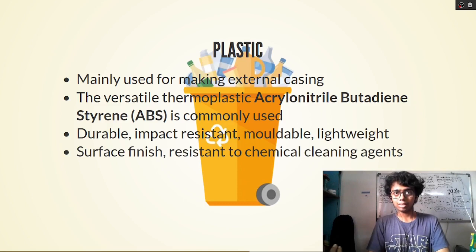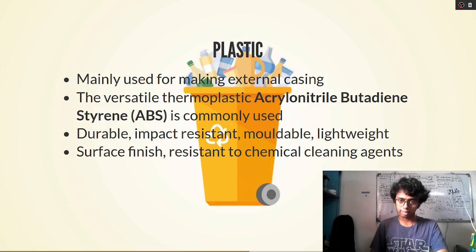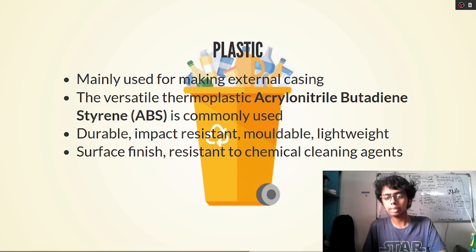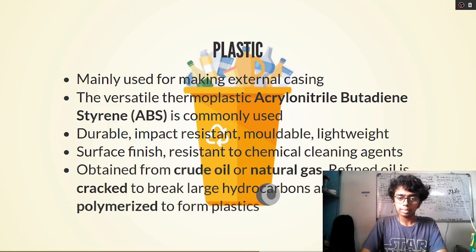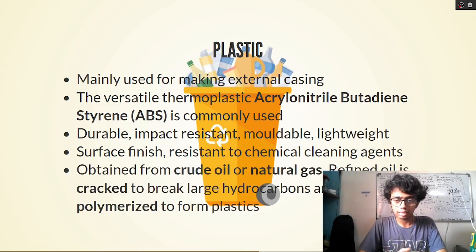For example, all the computer monitors you might have seen have a plastic finishing, so that's usually ABS, and it's also inert to chemical cleaning agents. So plastic, the ABS, is obtained from crude oil and natural gas. The crude oil is refined, and the refined oil is cracked.